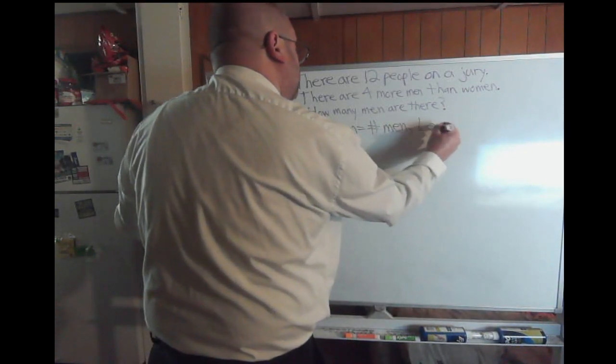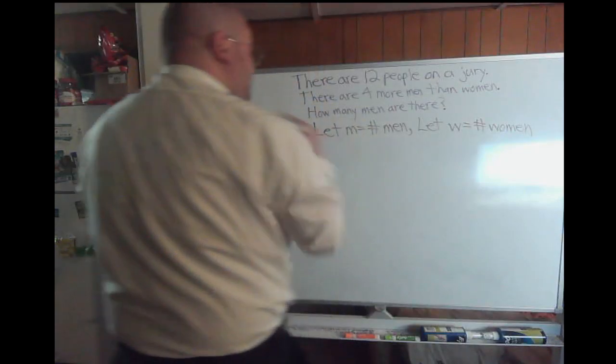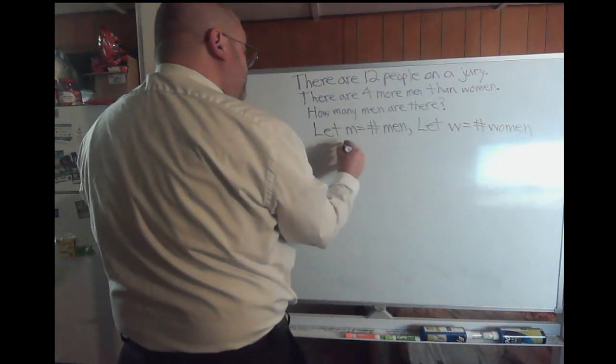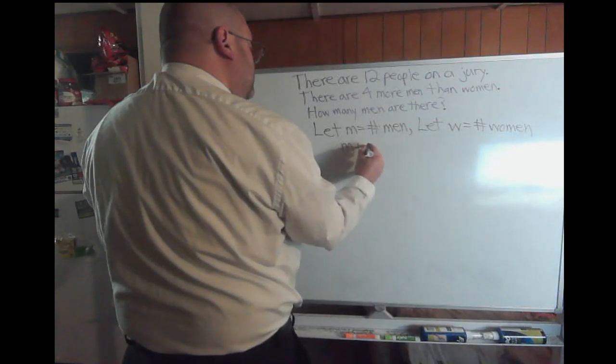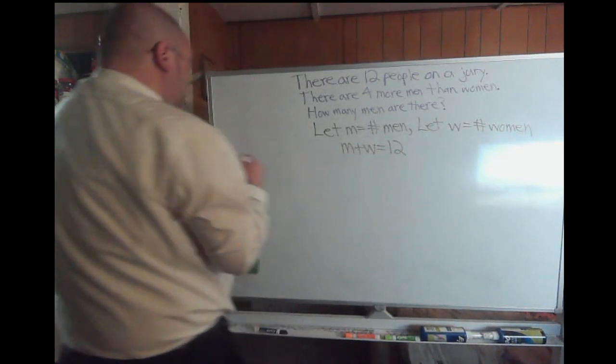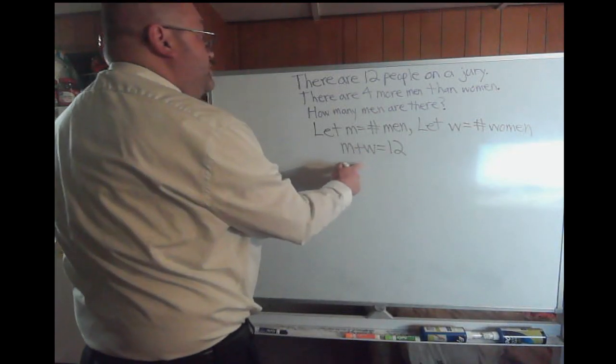We'll let W equal the number of women. Alright, so let M equal the number of men, let W equal the number of women. We know together the men plus the women equal a total of 12 people. We got that much.